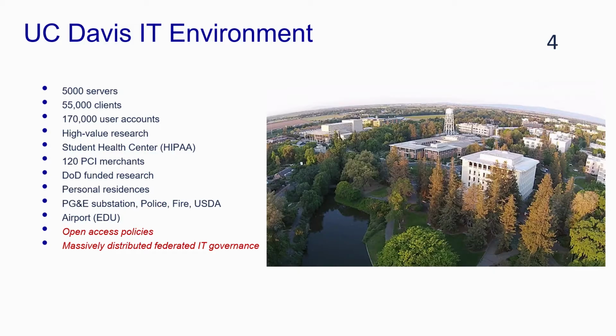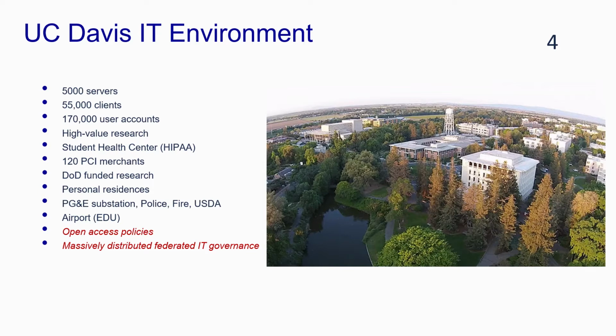The big wild card is that people live on campus in our network, so they have an apartment, and they like to watch Netflix and play games. That's their house. They can do what they want. We can't have a policy that forbids that, and so that can be a challenge.